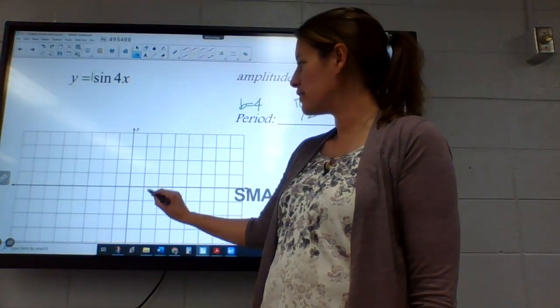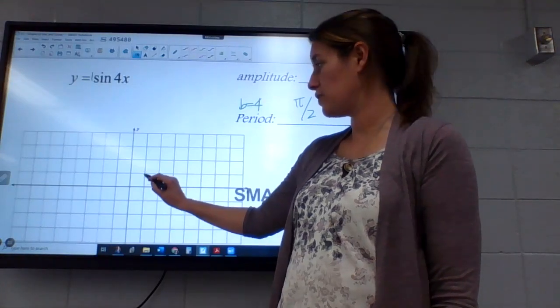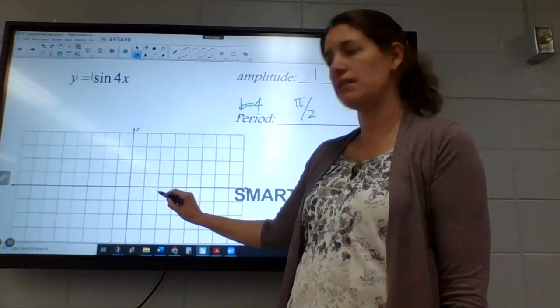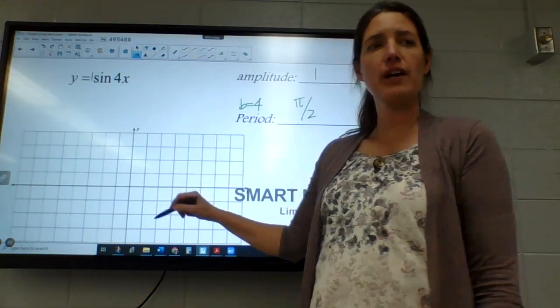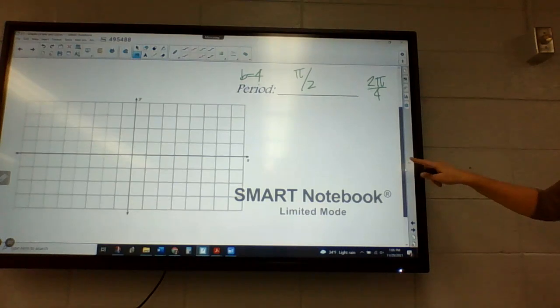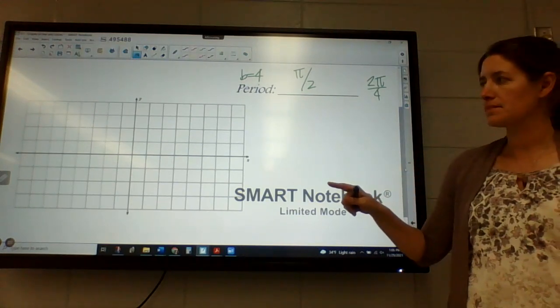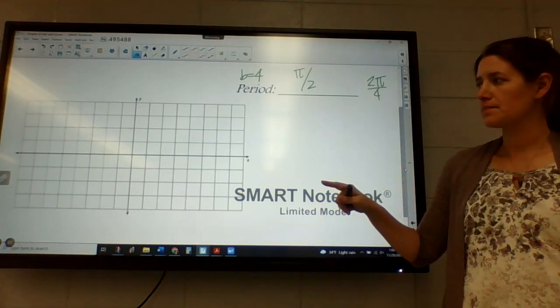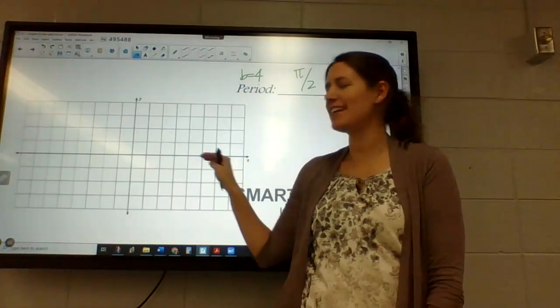So this first line, you skipped it? I'm asking you guys how you graph this. What was your spacing? Up at a half, down at 1, down again at a half. So I'm asking your spacing on the x-axis.